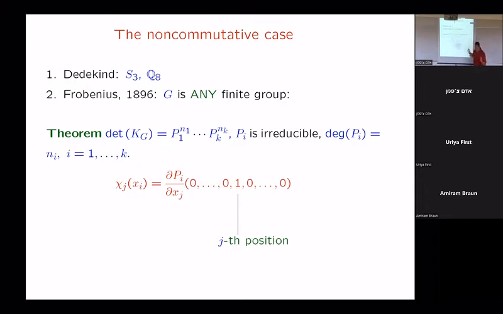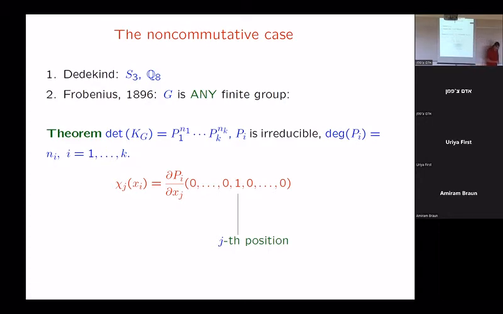Assume we have two irreducible representations. They are in correspondence with irreducible polynomials of a group determinant. So assume our irreducible representations are equivalent. The question is, do they correspond to the same irreducible factor here or not?